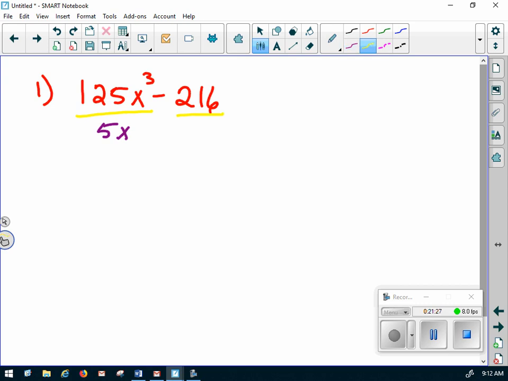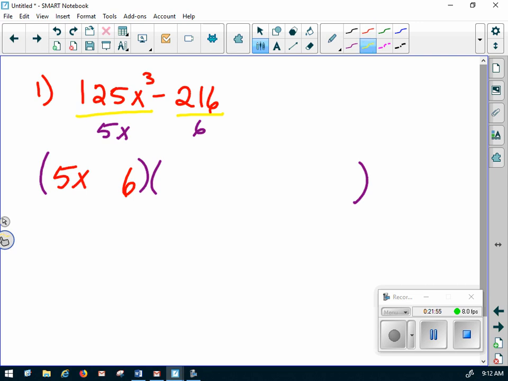What's the cube root of 216? All right. What sits first? 5x. Let's not worry about the signs. What sits second? Good. And what sits first in the trinomial?